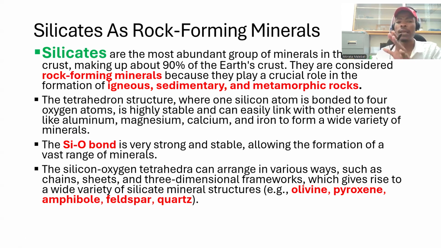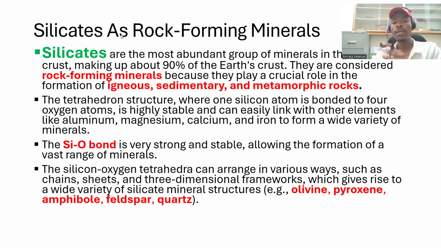These silicates are considered to be rock forming minerals because every igneous, sedimentary, and metamorphic rock would have at least some of these silicates. They've got the silicon tetrahedron structure, wherein we've got silicon at the center, surrounded by four oxygens.